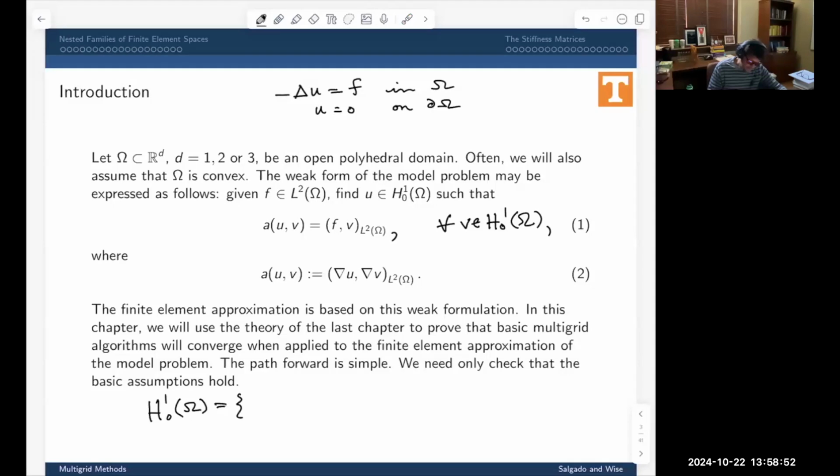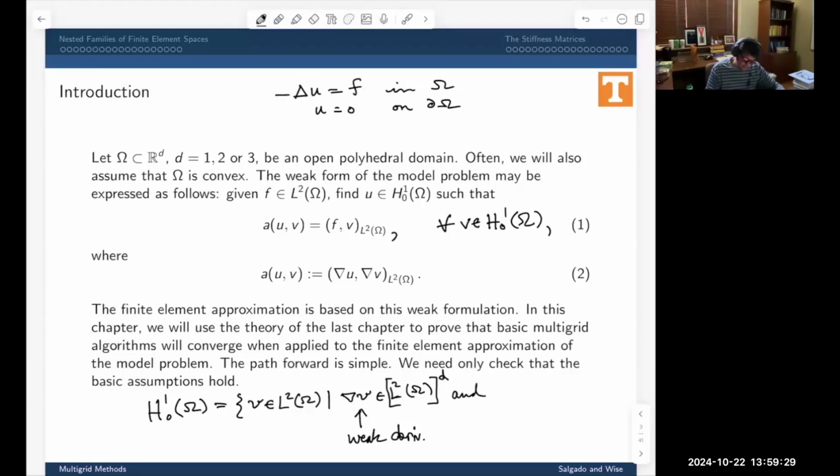That is the set of all functions v in L2 such that the weak derivative is also an L2 function. Now, if you know anything about gradients, you'll know that those are actually vectors, so I have to say each one of the components is an L2 function.